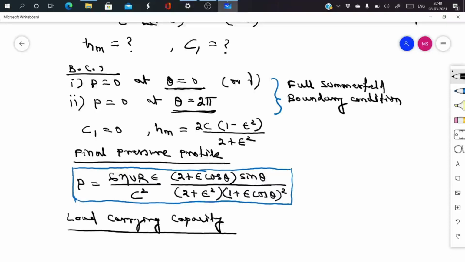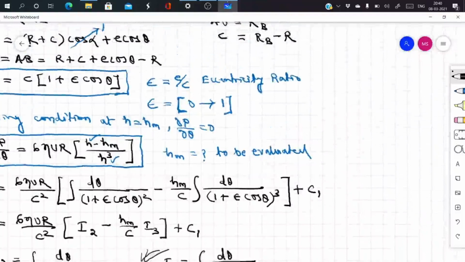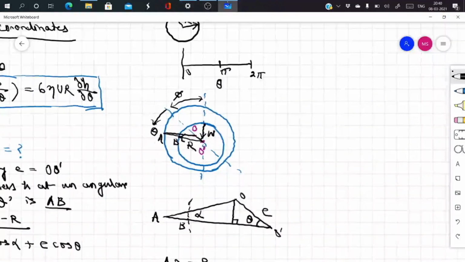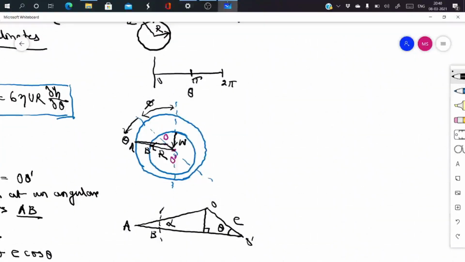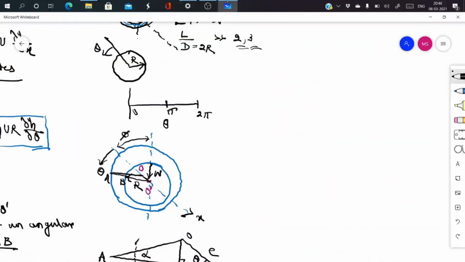Okay, so if you go back to the figure of the bearing, we are dealing with the theta coordinate system, the polar coordinate system. Let us make this to be x and perpendicular to this to be z.